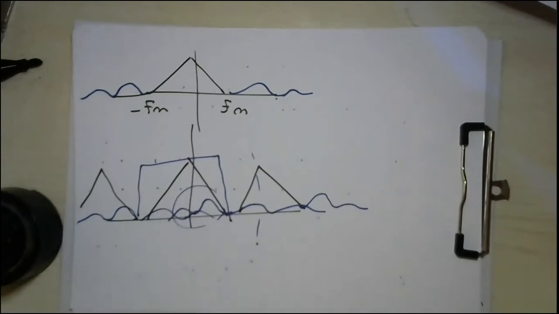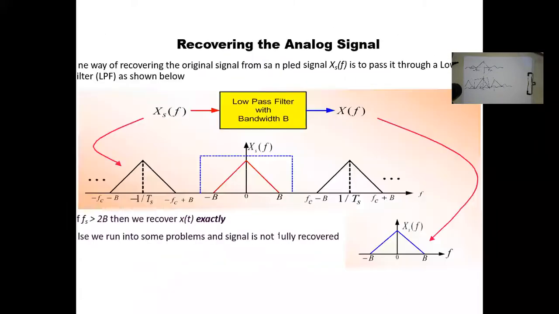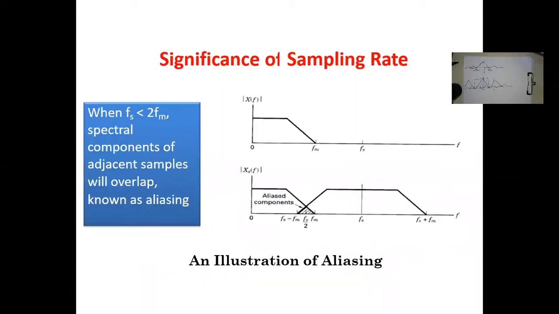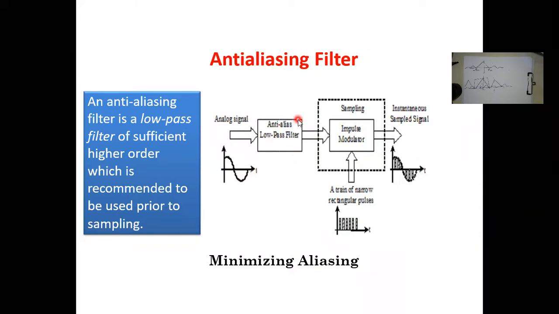So in order to be 100% sure that you don't have this aliasing problem due to any higher harmonics, we use what's called an anti-aliasing low-pass filter. Whenever you find a low-pass filter just before the sampling process, automatically it's an anti-aliasing filter.